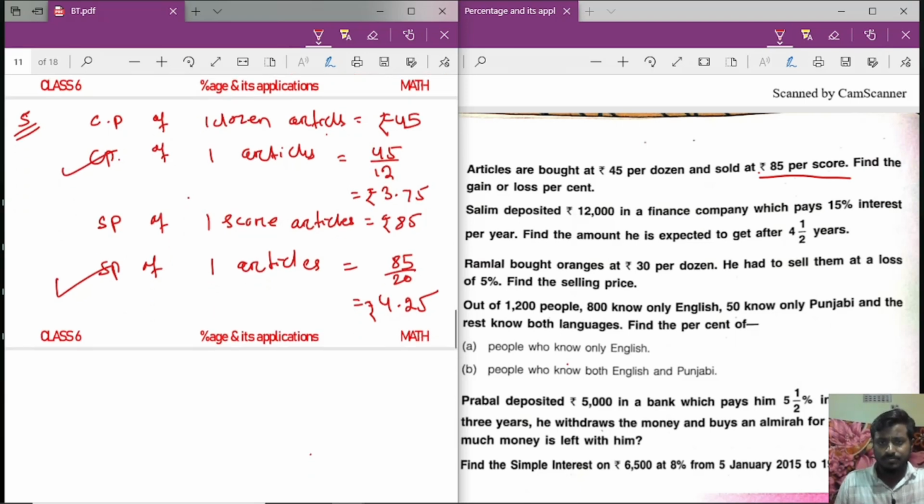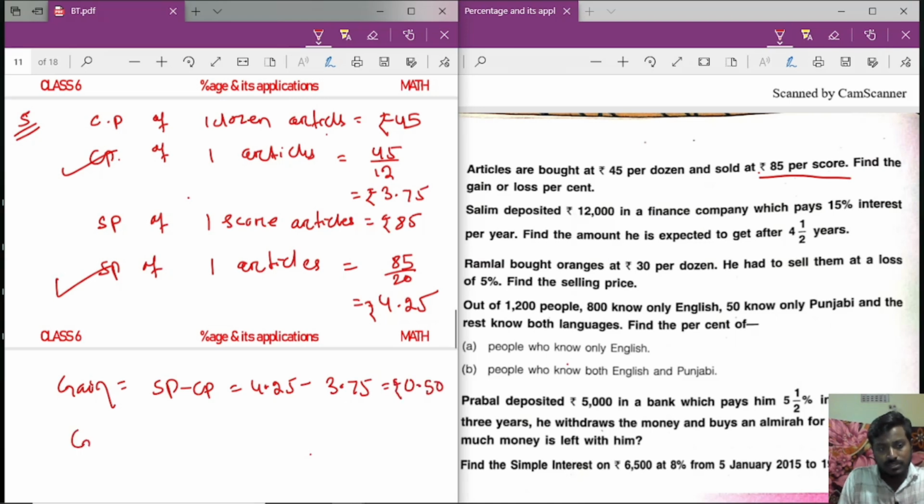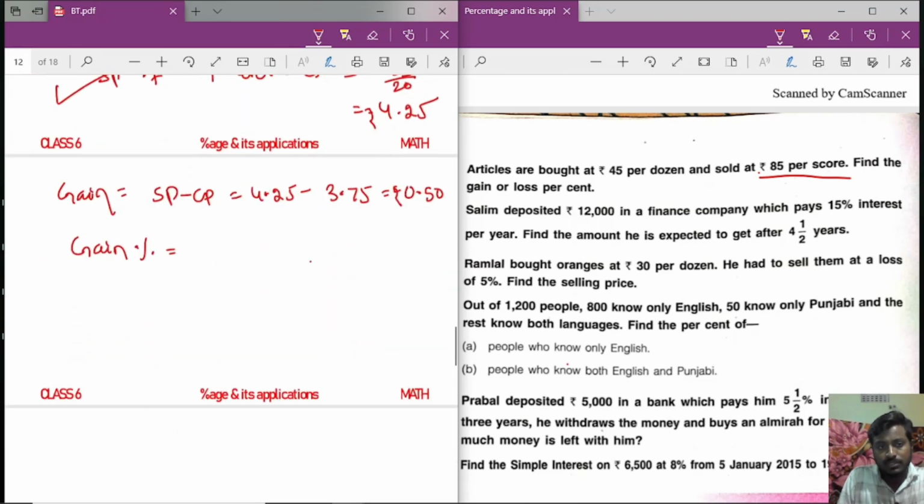Then we can write gain equal to how much? SP minus CP, 4.25 minus 3.75. When you subtract, the answer is 50 paisa. Okay. Now find the gain percentage. The formula is gain by CP. So gain equals 0.50 divided by CP equal to 3.75 into 100, because of percentage. 0.50 when converted into paisa is 50, yes or no?